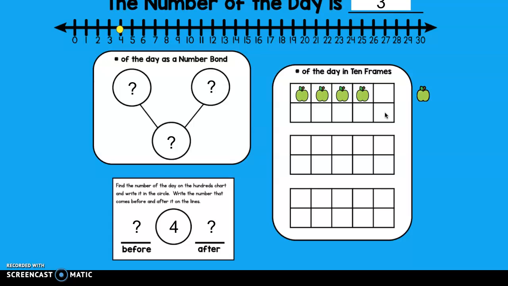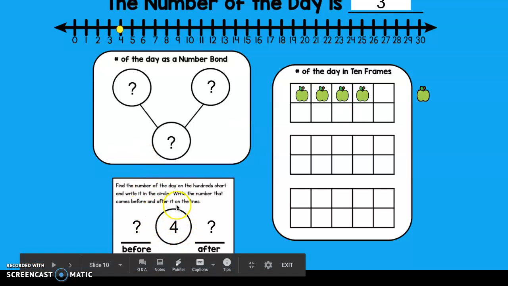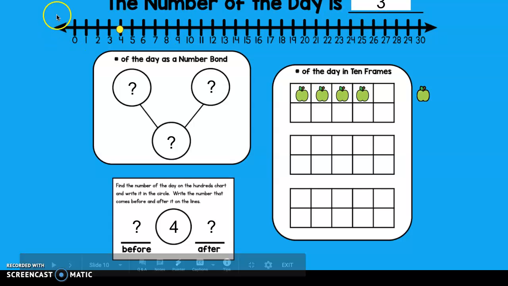Good. All right, now we're going to look at what number comes before and what number comes after the number 4, okay? So we can use a number line to help us. So find the number 4 on the number line, and can you point to it? Yep, there it is, because we put that yellow dot on it. So we're going to look at what number comes before.